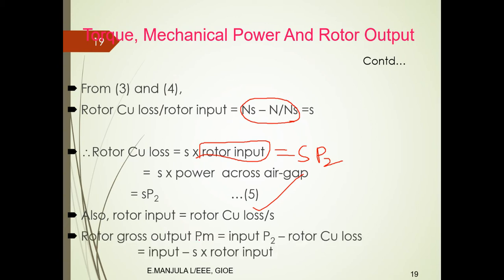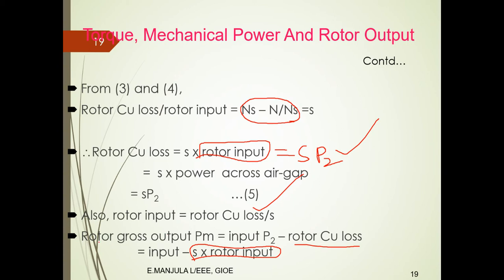So rotor gross output PM is equal to input power P2 minus rotor copper losses, which is equal to input minus S into rotor input, since rotor copper losses in terms of rotor input is this.